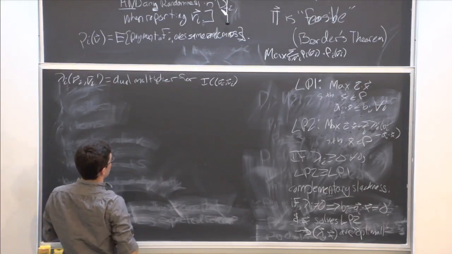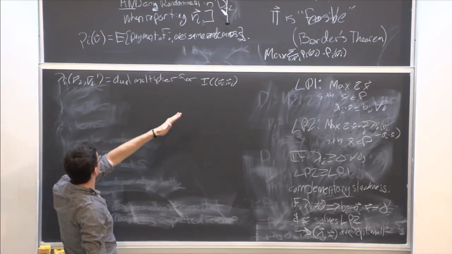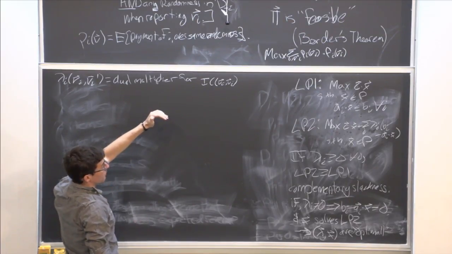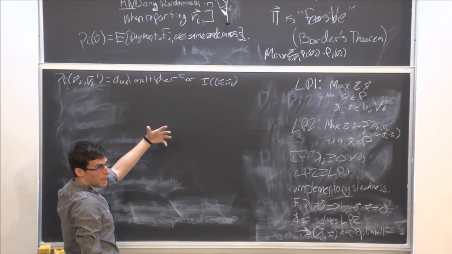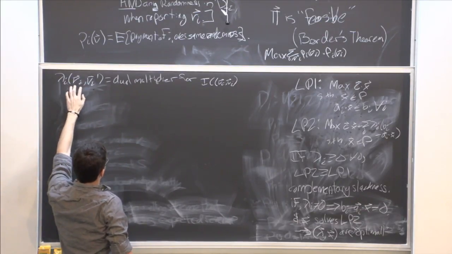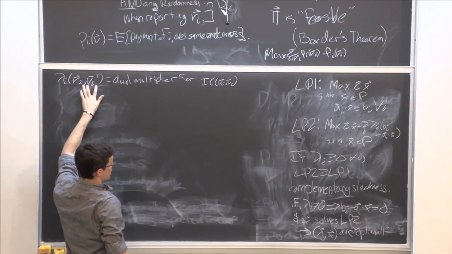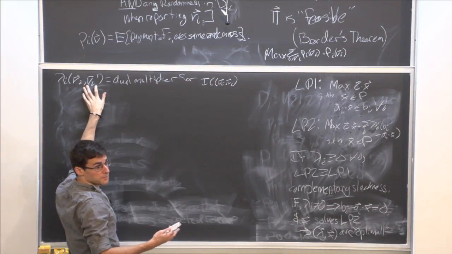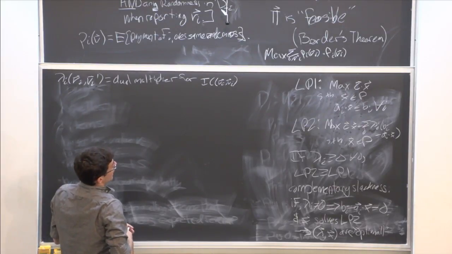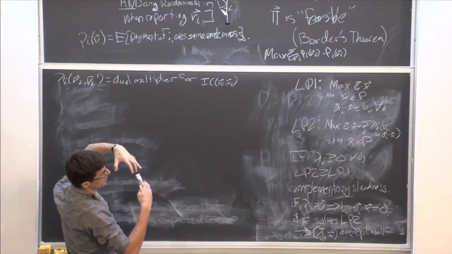I didn't want to write the whole thing out. The IC constraint says that vi does not prefer to say vi prime when it's bidder I. This lambda I is going to index the bidder, and then vi and vi prime are the real type and the type that we know they don't want to lie to.